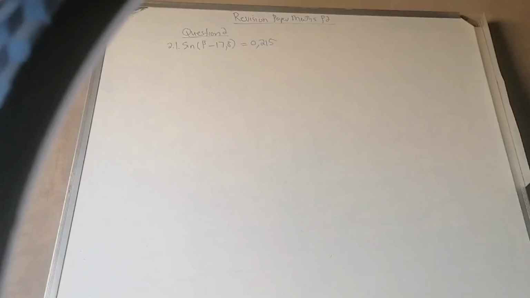Two marks are provided for this. Determine the acute angle beta. We know that an acute angle is an angle that is less than 90. It's an angle that you will always find in the first quadrant. That's what we call an acute angle.